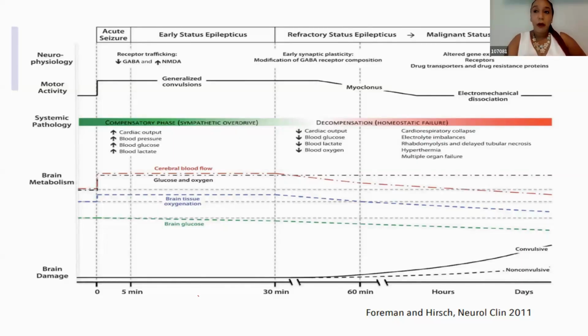That's why the longer the seizure goes, the harder it is to treat. There's electromechanical dissociation, meaning these patients are pretty much comatose at this stage when we get to malignant status epilepticus. And it makes a good point here where it talks about brain damage and puts the marks at 0, 5, 30, and 60 minutes.